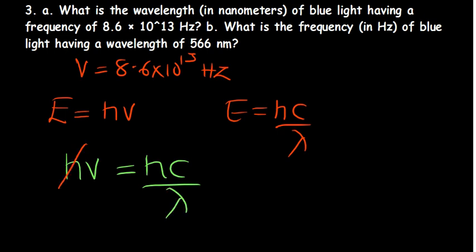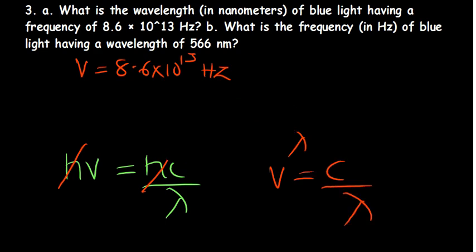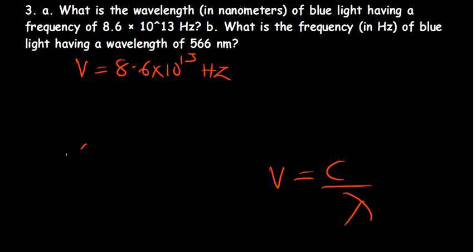So h is common, therefore frequency is equal to speed of light over wavelength. I already showed you this equation that relates the frequency and the wavelength. To determine the wavelength, we can make the wavelength the subject, so it's going to be c over the frequency.